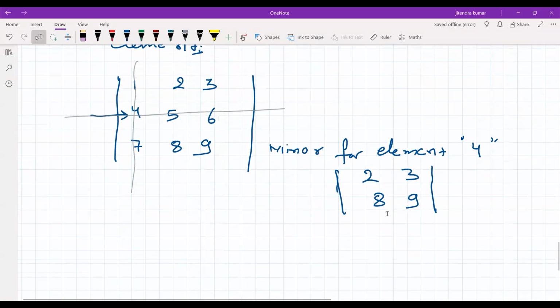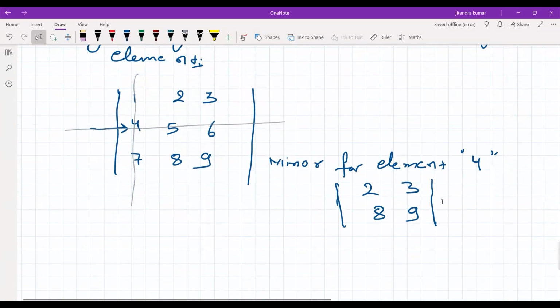In this way we can obtain the minor for any element. Like if you have to find the minor for 6, just remove this row and this column. So we will have 1, 2, and 7, 8. So in this way we can find the minor for any element of this determinant.